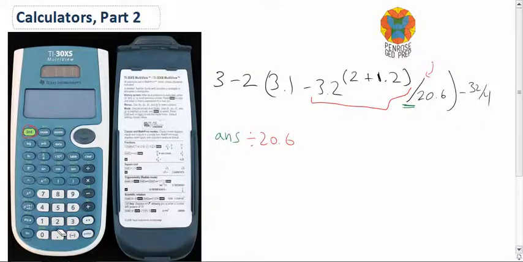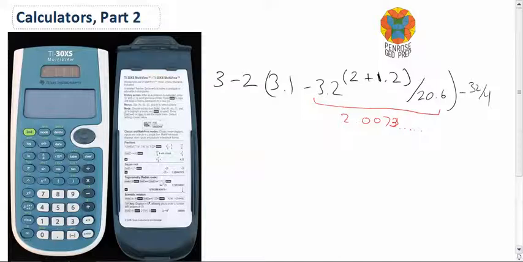That number is something like 2.0073. Something like that. And that's going to be our new ANS, the new thing that we get when we hit the answer key.